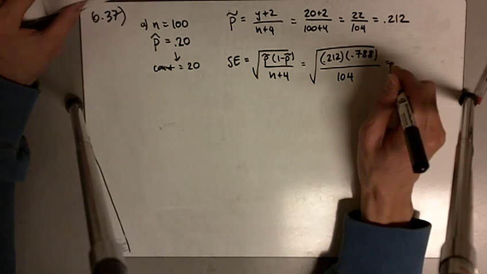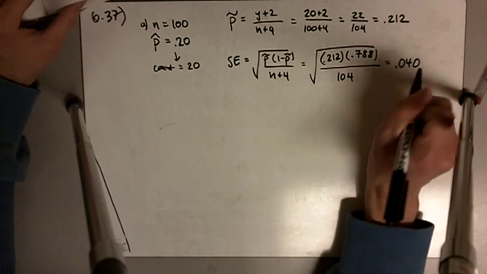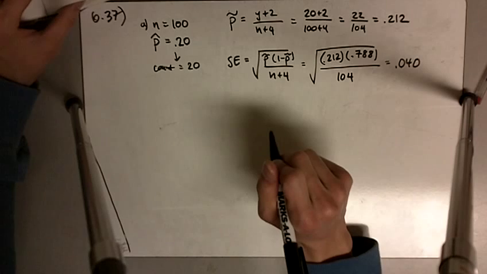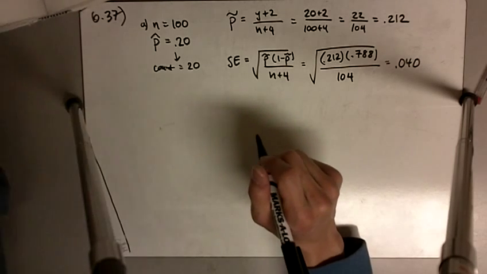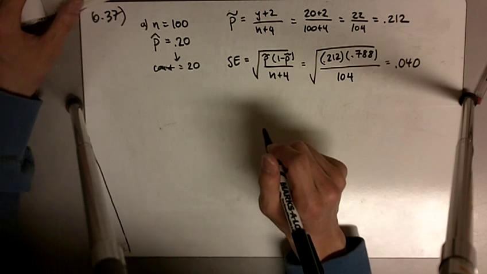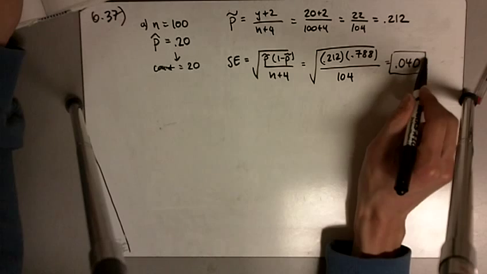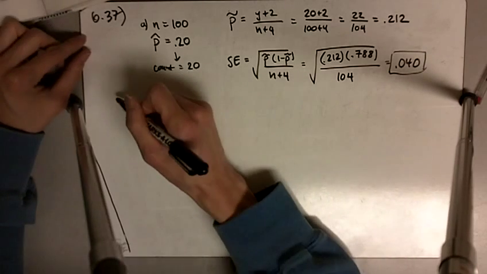And if you do this, you should get 0.040. And so in this case, the standard error is 0.040 for n equal to 100.